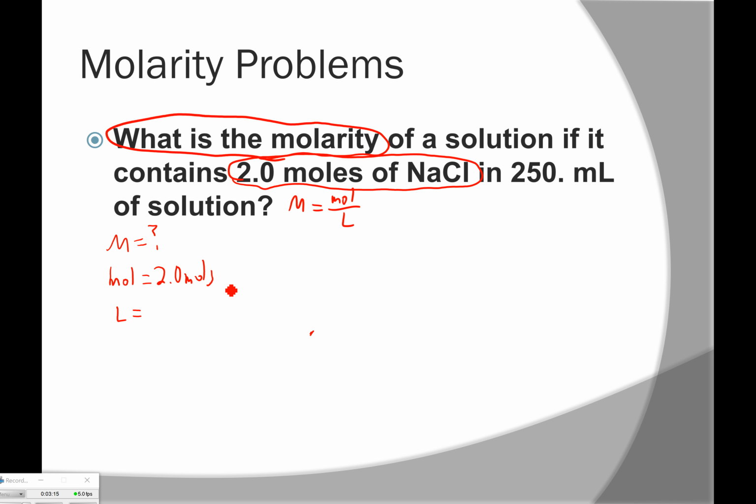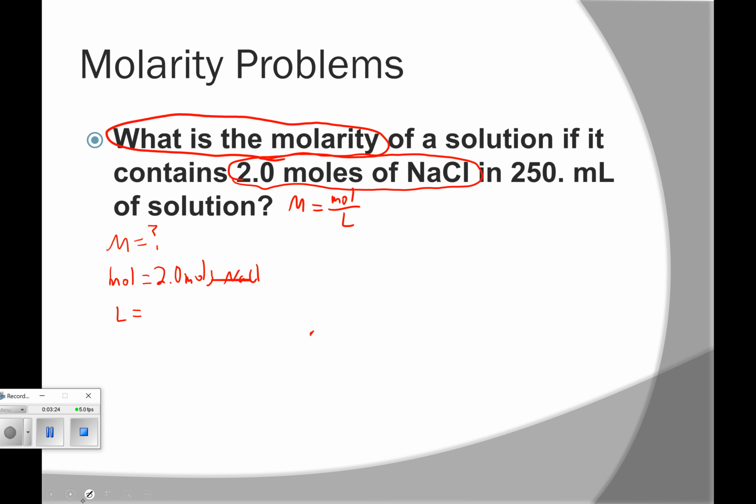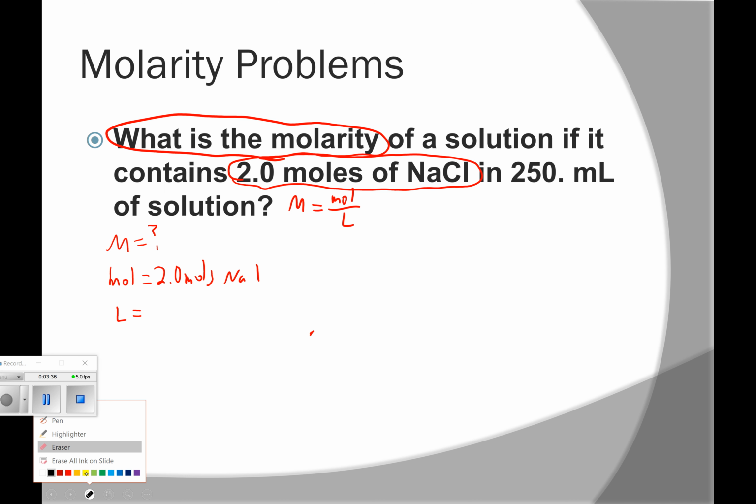So this is 2 moles NaCl. The liters here, notice in our equation that this is liters.